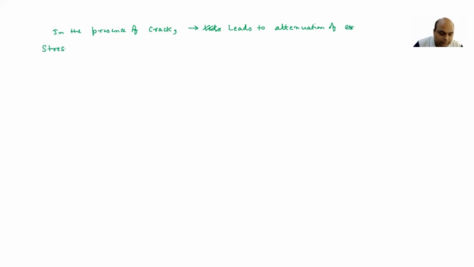Overall, you can write that the presence of a crack leads to attenuation of stress to the cohesive stress or theoretical stress we have calculated, of say a brittle material.